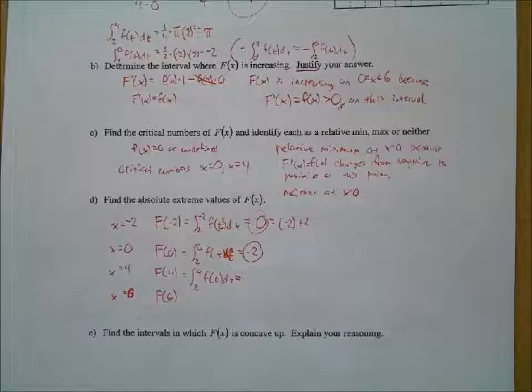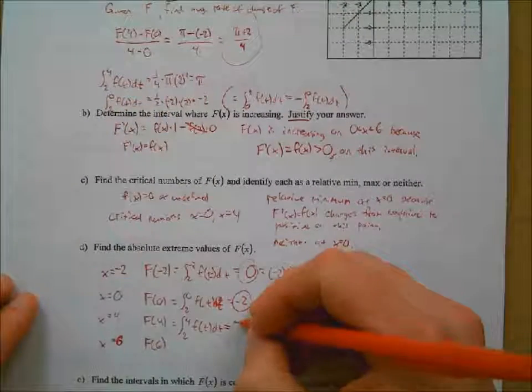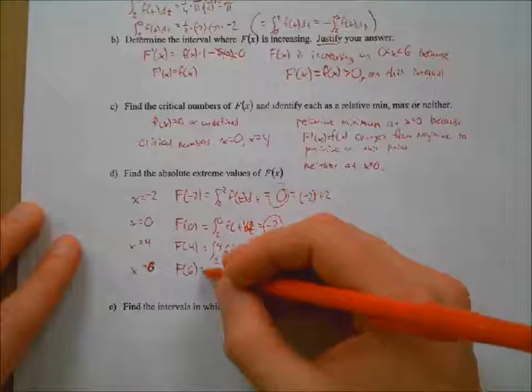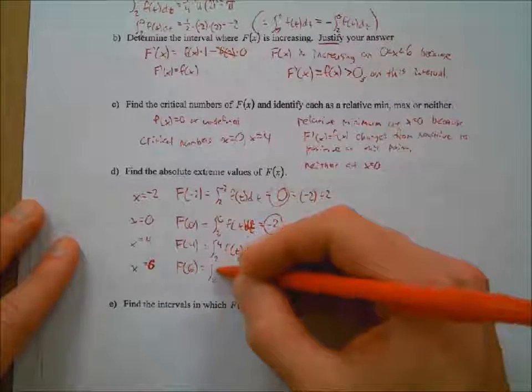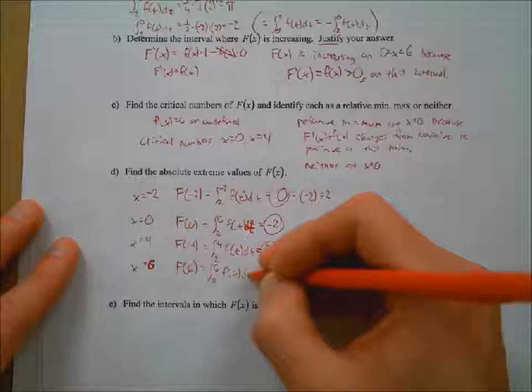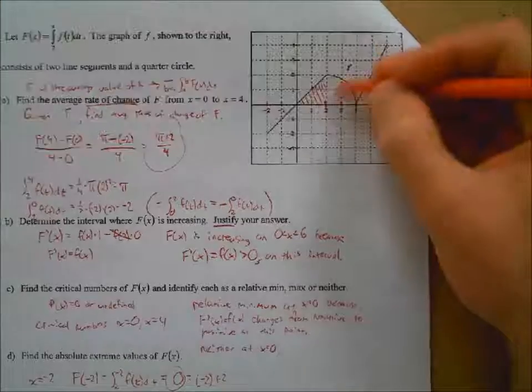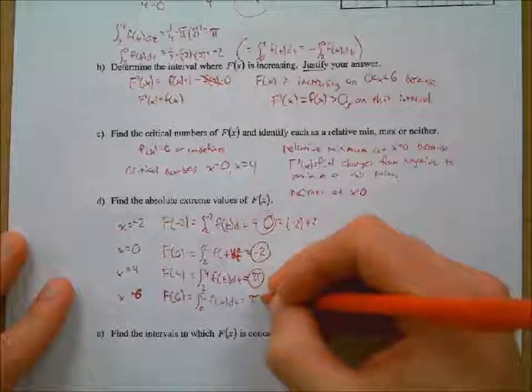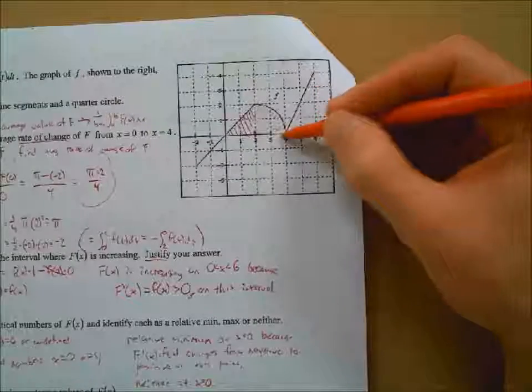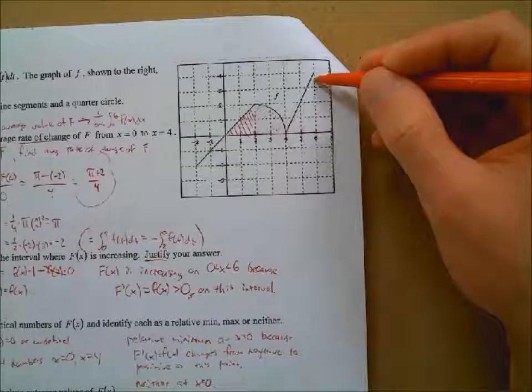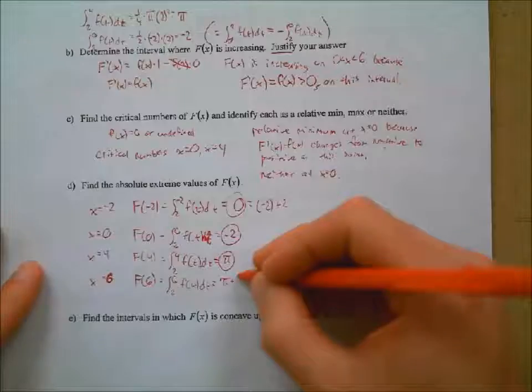We've got that one too, right? We did that earlier too. The integral from 2 to 4 was pi. And then the integral from 2 to 6 of f of t dt. We're going to add that pi plus the triangle here, which is 2 by 4, so 8, but then half of that will be 4, so pi plus 4.